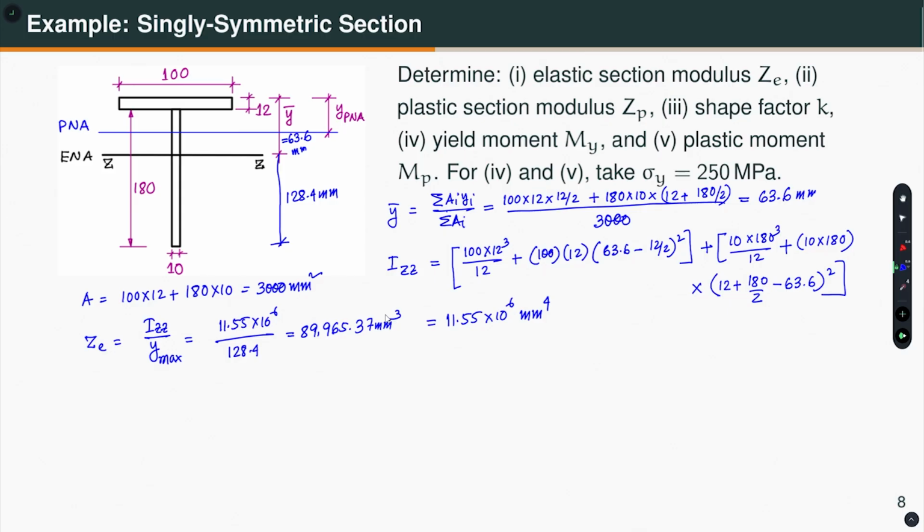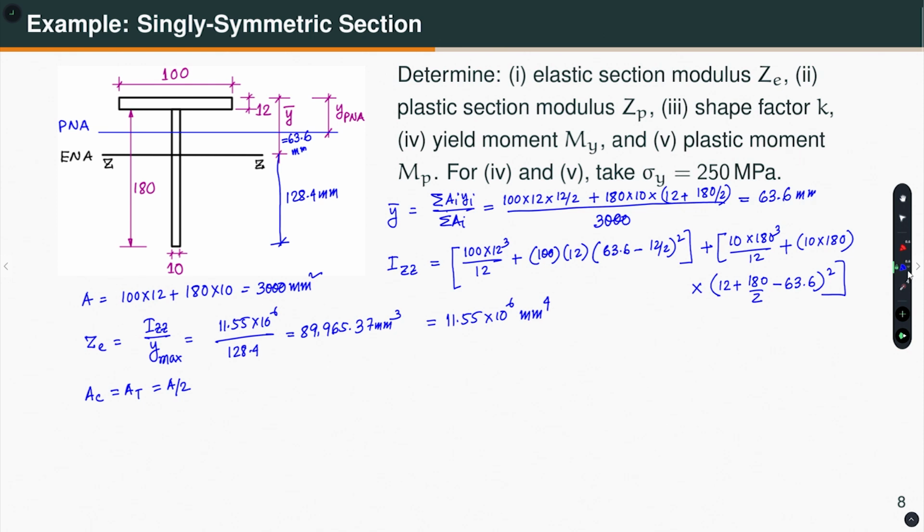Now, we have to locate the plastic neutral axis. If you recall, we can equate the compression area equal to tension area equal to the whole area by 2. So, I have assumed that my plastic neutral axis is at a distance y p n a from the top fiber.